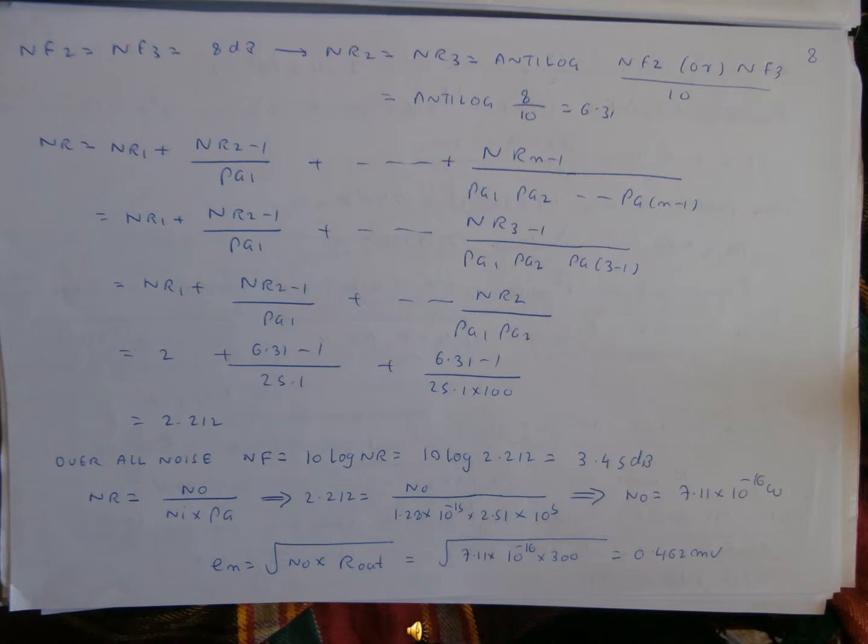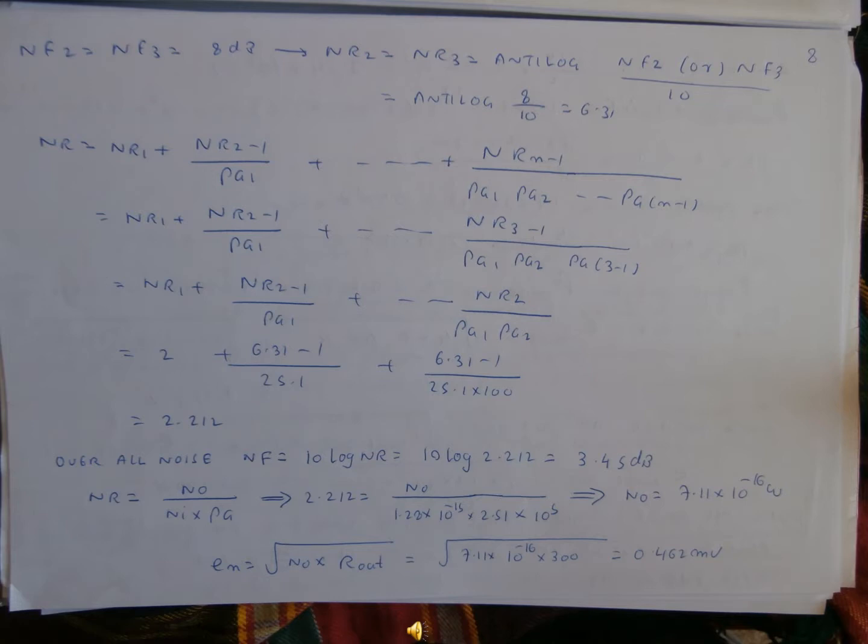So that will be NR1 plus (NR2 minus 1) divided by PG1 plus (NR3 minus 1) divided by PG1 PG2. So you get 2 plus (6.31 minus 1) divided by 25.1 plus (6.31 minus 1) divided by 25.1 multiply 100. So we get 2.212.